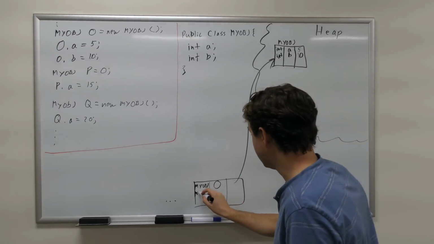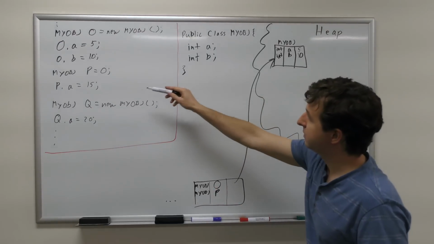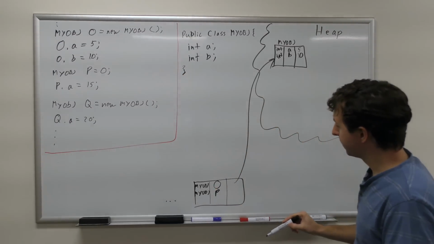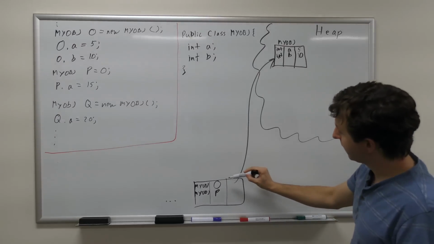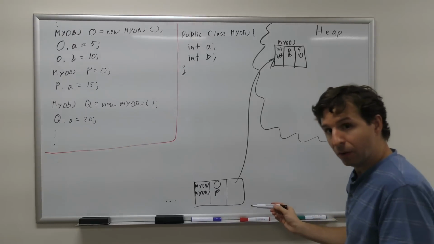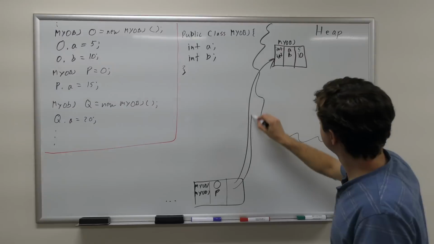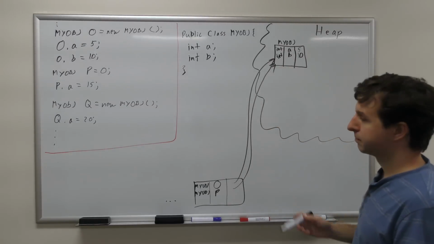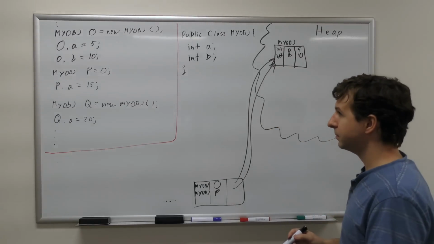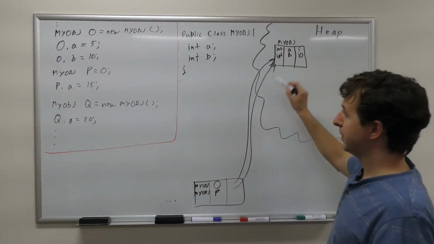We say MyObject p, and this is equal to o. Well, that copies the contents of the o variable into p. And what is in o? A reference to this particular object. That's simple. Now I have two variables pointing to the same object.